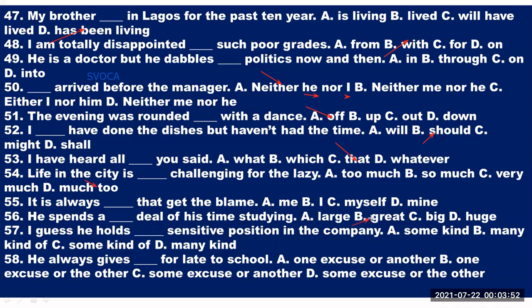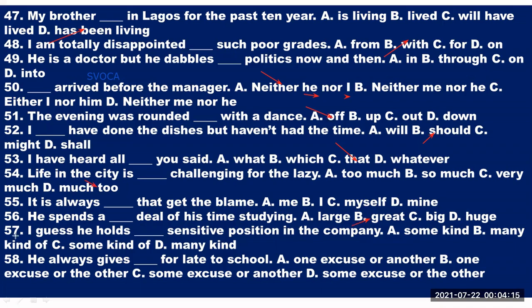People talk of a great deal. So great collocates with deal, and that's the correct option. Well, you can say something is a big deal or is not a big deal, but it's not applicable when you are talking of a great deal of time. A huge deal is completely out of it.